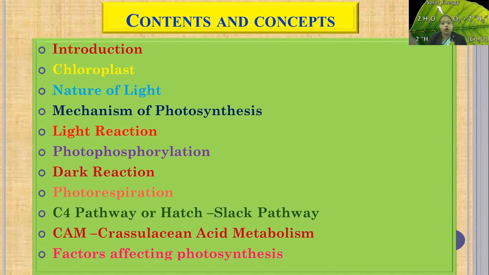Students will draw a schematic representation of cyclic and non-cyclic photophosphorylation and the Calvin cycle. Students will classify different plants, and understand photorespiration, photophosphorylation and chemiosmosis like terms.